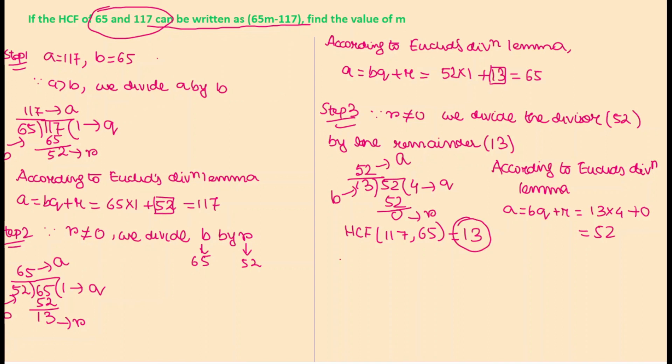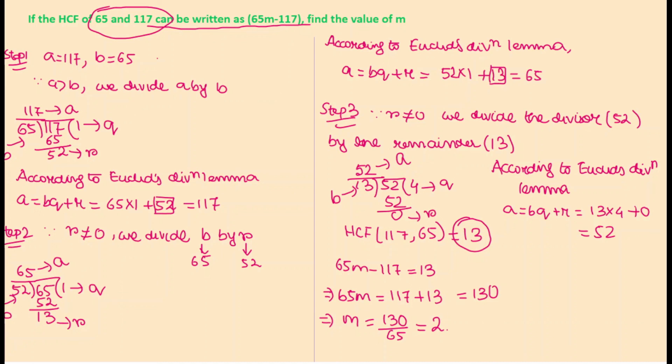So let us equate these two values. 65m minus 117 equals 13. So 65m equals 117 plus 13. So this is 130. So m is 130 by 65. That is, the value of m is 2.